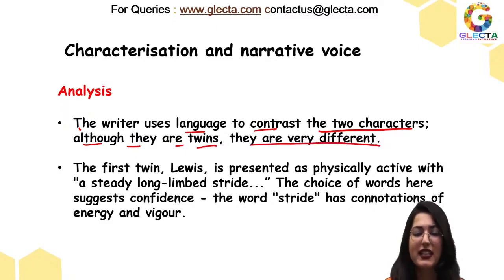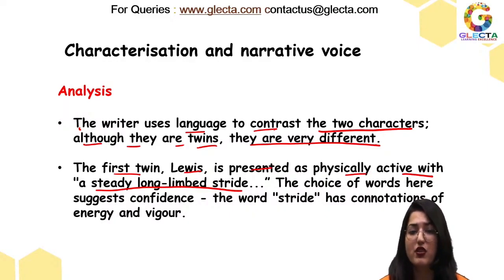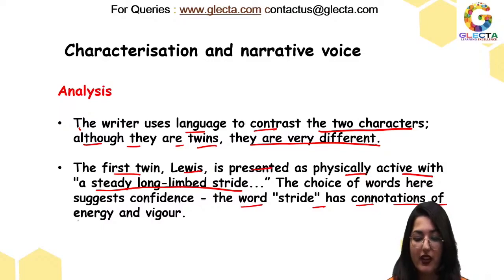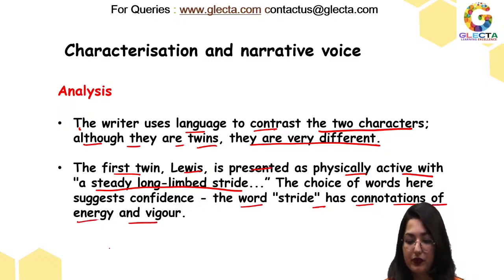Being twins, they are still really different from each other. The first twin, Lewis, is presented as physically active with a steady long-limbed stride. The choice of words here suggests confidence, like he is very straight because of his confidence in his body. The word stride has connotations of energy and vigor.